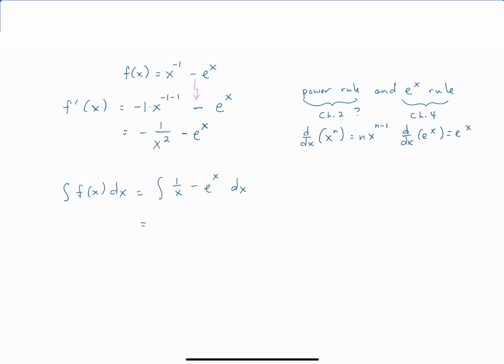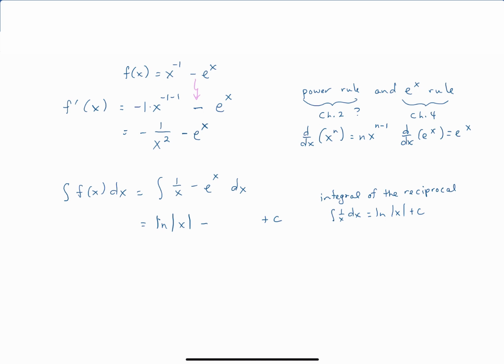So the integral of 1 over x, we've got a rule in chapter 5 called the integral of the reciprocal, which just says that the integral of 1 over x dx is the natural log of the absolute value of x. Okay, so that's what I'm going to have here, ln of the absolute value of x. Now, I can wait and have the plus c out at the end. I don't need to put plus c after every part.